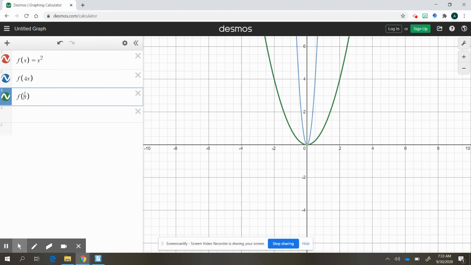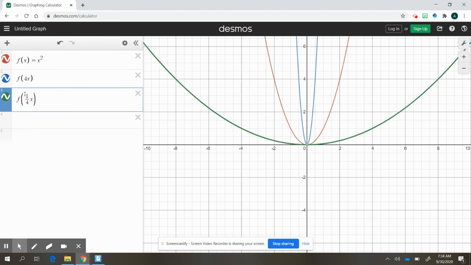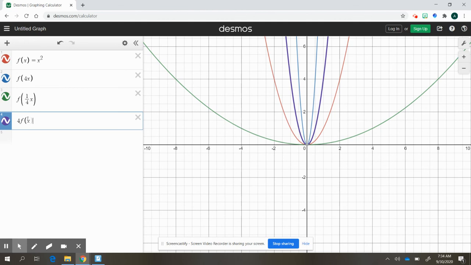And again, if we take that value and we make it less than 1, we have a horizontal stretch.